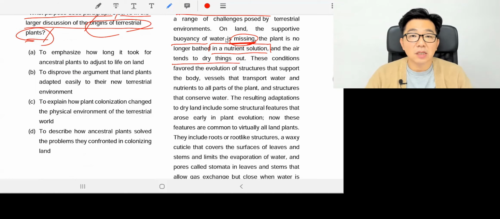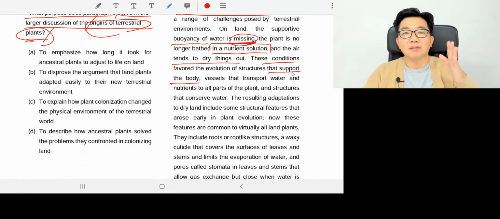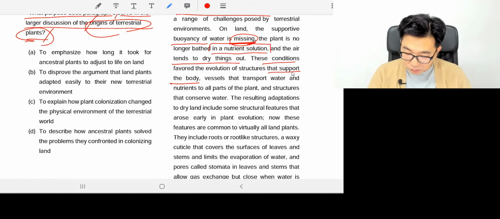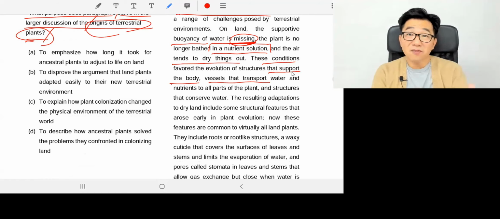So no buoyancy, not washed with nutrients, and air dries things out. These challenging conditions favor the evolution of structures that support the body, not like seaweed or algae, and vessels, like tubes or blood vessels, that transport water.